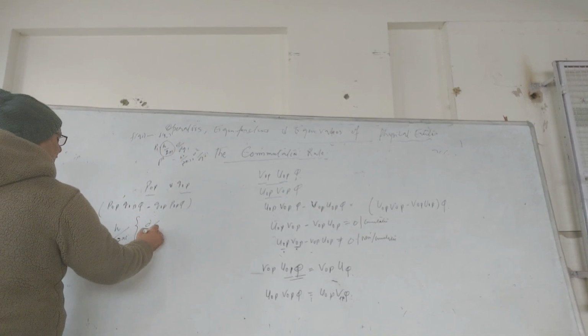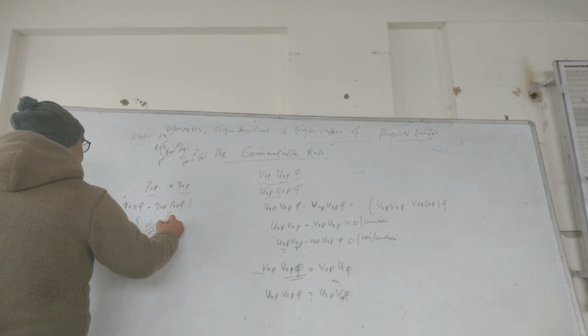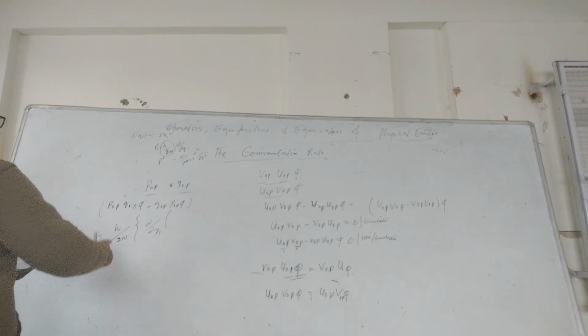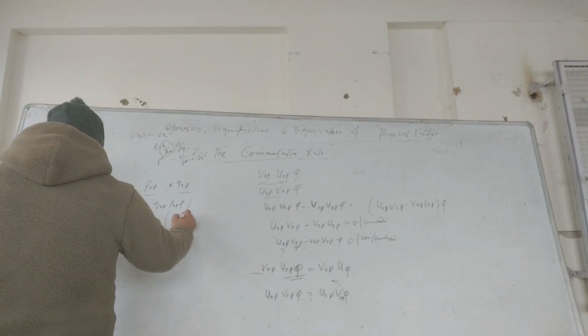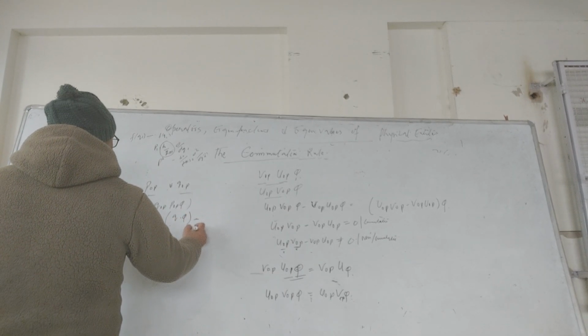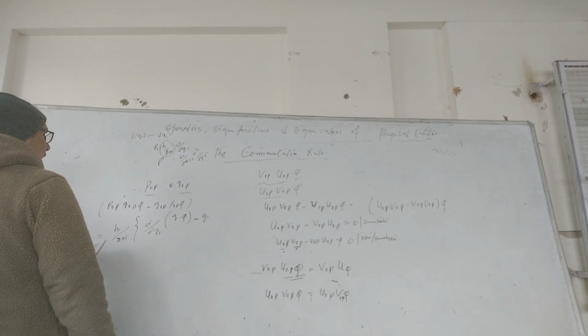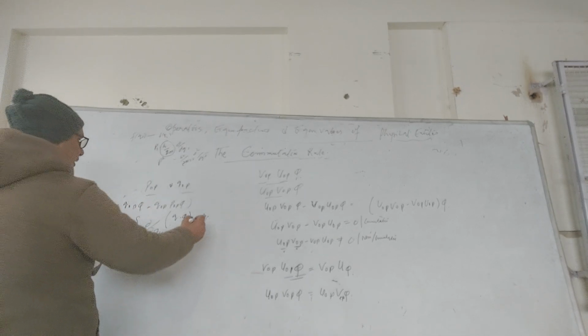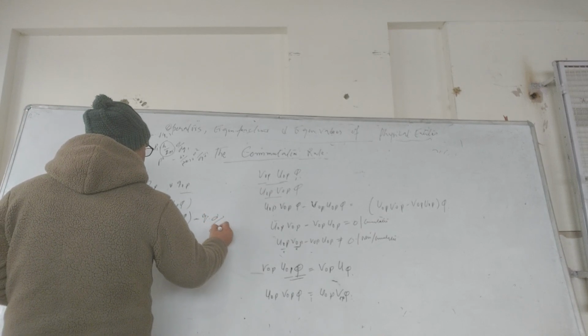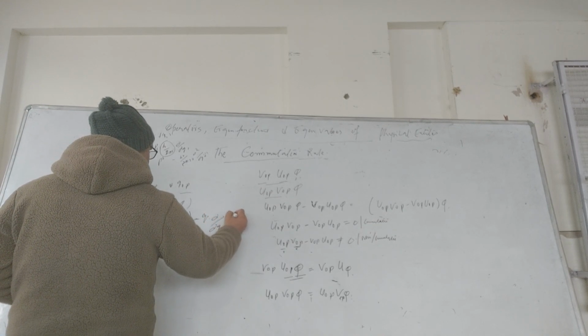So it's d by dqi of q phi minus q times Pi, d by dqi of phi.